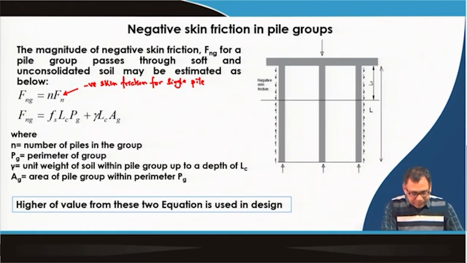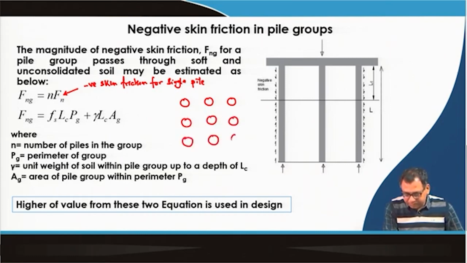That is the expression, where P_G and A_G are the perimeter and area of the pile group. If S is the spacing and d by 2 on each side, then B will be 2S plus d for this case.